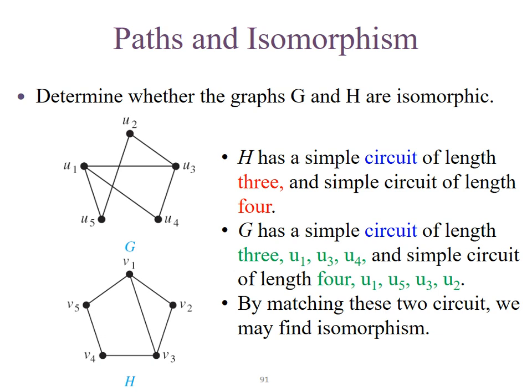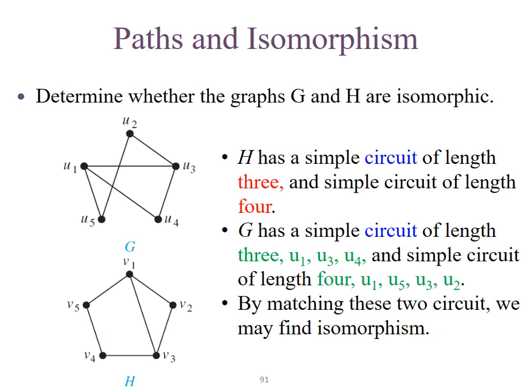Okay, so maybe you can try this example by yourself. Once you discover the number of paths, if we have a path of length 3 and a path of length 4, so you remove the vertex here and make it here.